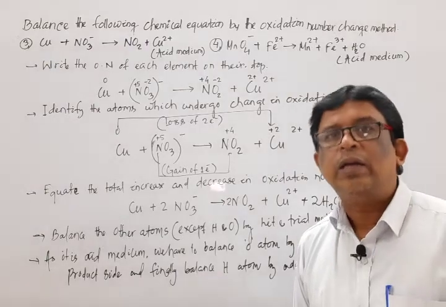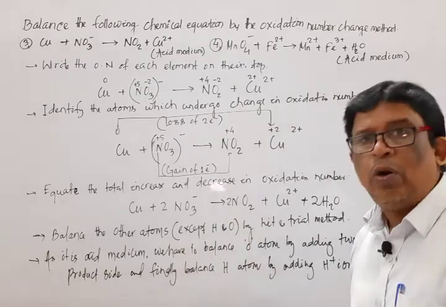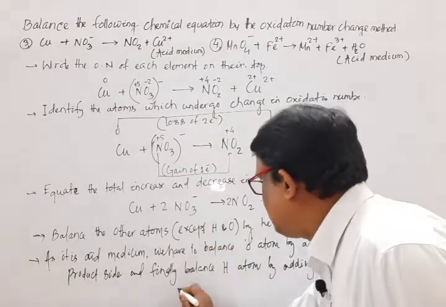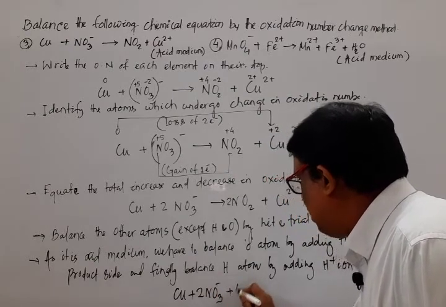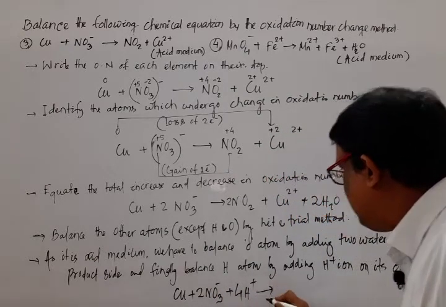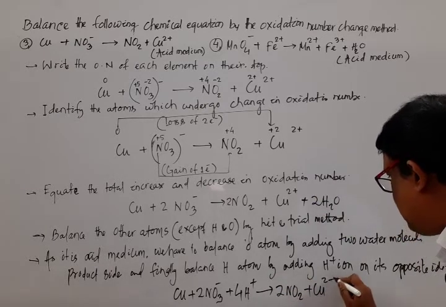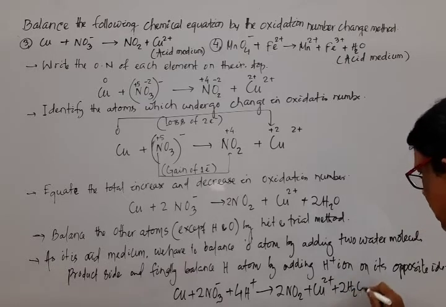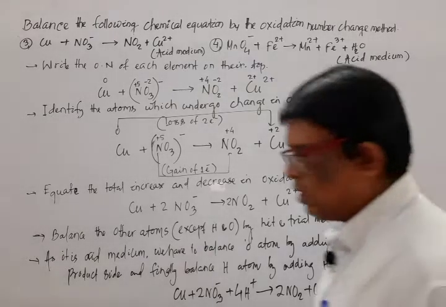Finally we have to add hydrogen atoms. Mark that, here are 4 hydrogens, so you have to add 4 H plus on this side. So the final equation is Cu plus 2NO3 minus plus 4H plus give rise to 2NO2 plus Cu2 plus plus 2H2O.